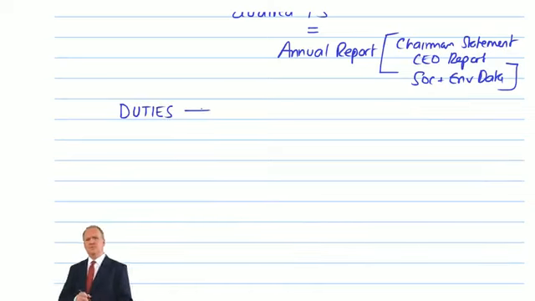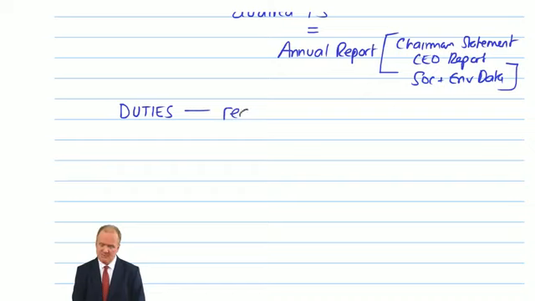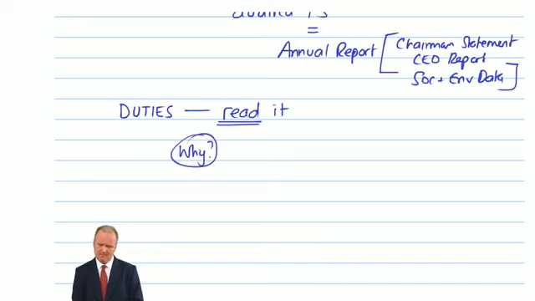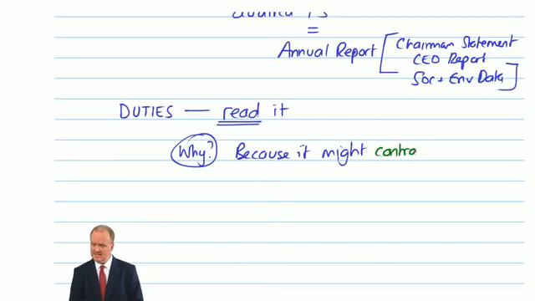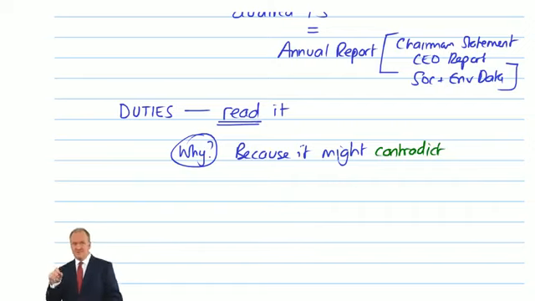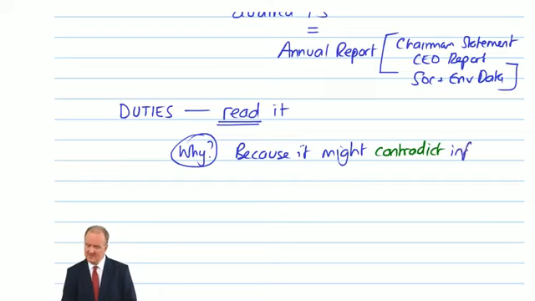What are the auditor's duties? Well, this is not audited, so you don't have to audit it, but you do have to read it. Why? Because it might contradict, in other words, be different from information in the financial statements.